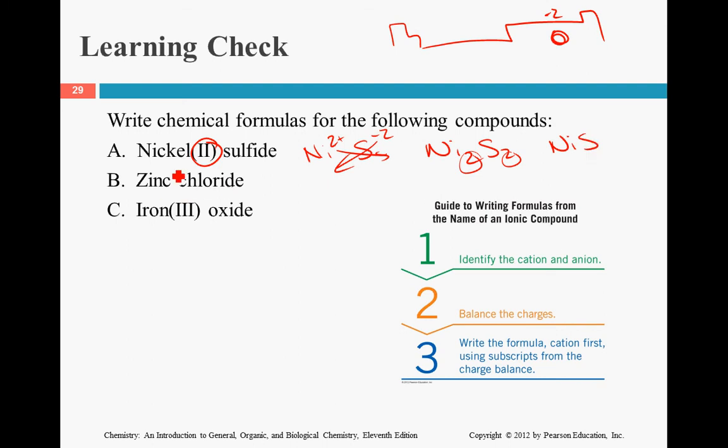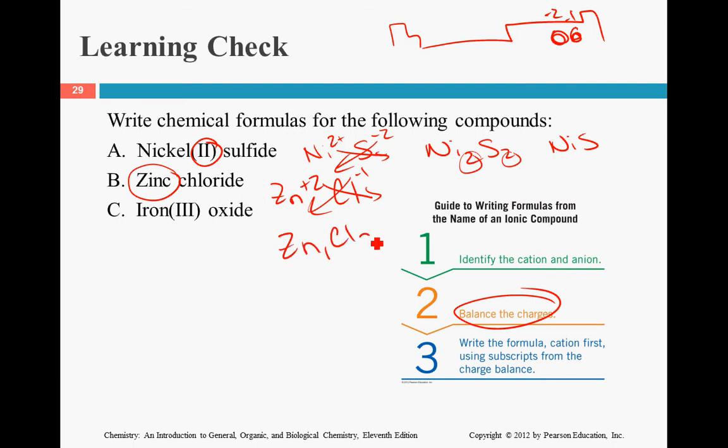Zinc 2 chloride. Zinc is one of those exceptions that don't change. Zinc is a +2, and that's just a memorization thing. Chloride is right here. It's a -1 because of the row it's in. Crisscross, balancing the charges, Zn1 Cl2, or just ZnCl2.